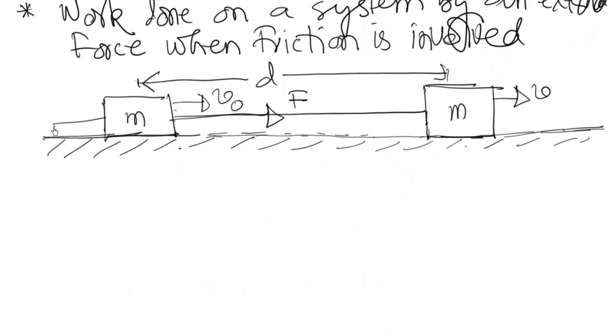Okay, there will be a frictional force which will act opposite to the applied force F. We call it small f k, the force of kinetic friction. We shall find an expression for the work done by an external force capital F when friction is involved.